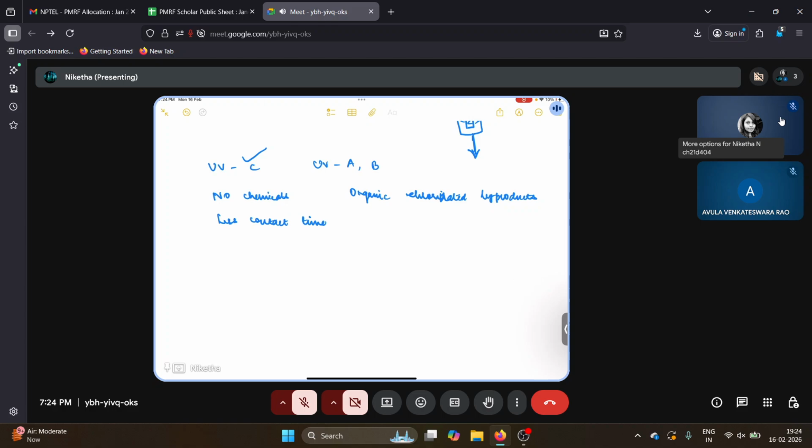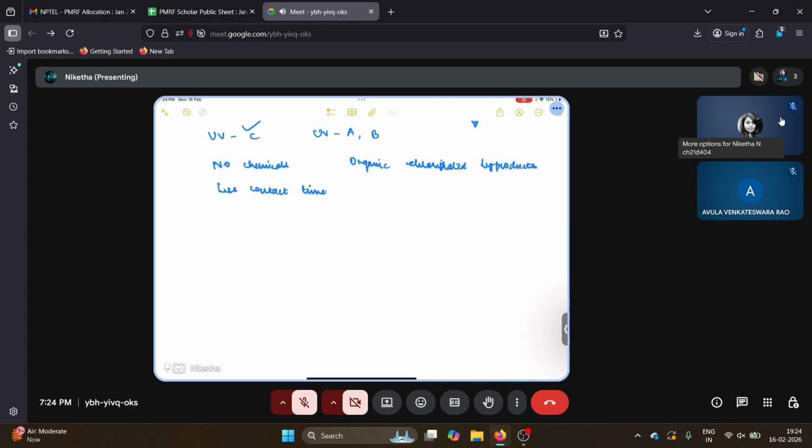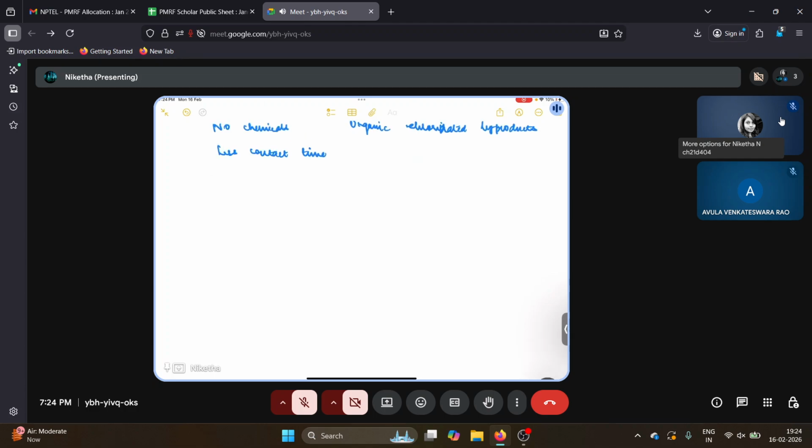Okay, so now we have seen UV disinfection. Let's come back to AOPs. We have seen what advanced oxidation processes are.